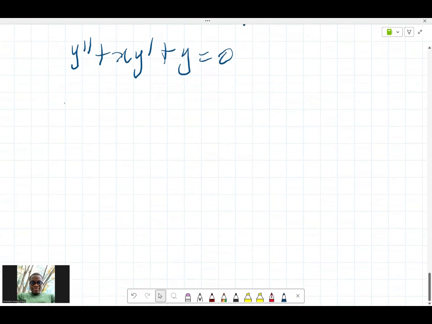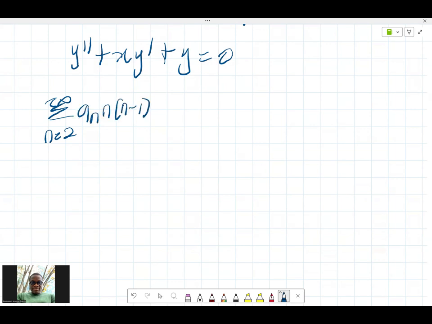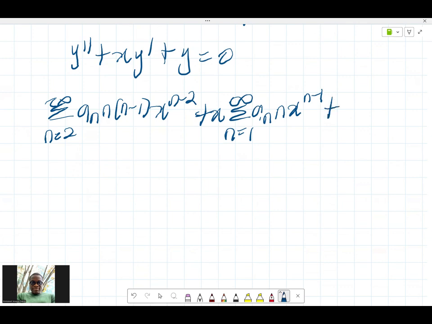So that is summation from n equals 2 to infinity of n into n minus 1 a n x raised power n minus 2. And then for the next one, we have plus x times summation from n equals 1 to infinity of n a n x raised power n minus 1. And lastly, we have y, which is summation from n equals 0 to infinity of a n x raised power n. And all of this is equal to 0.